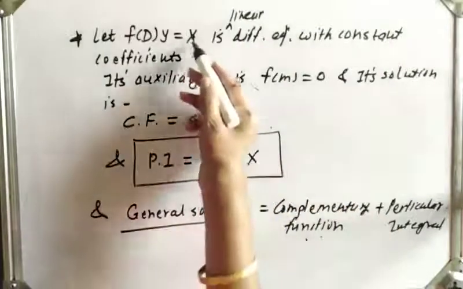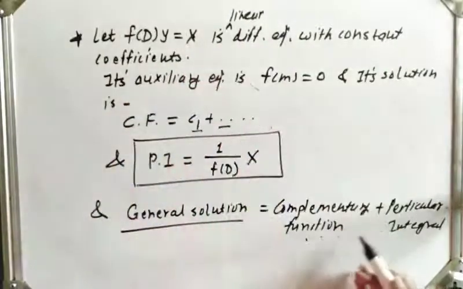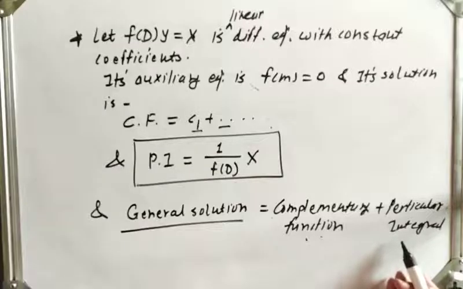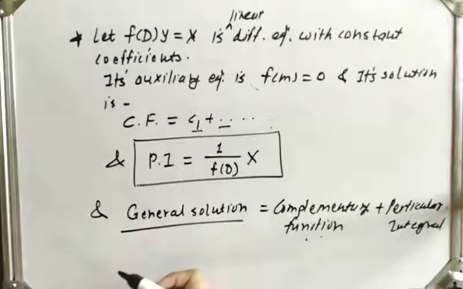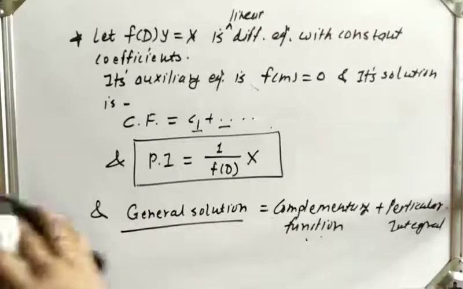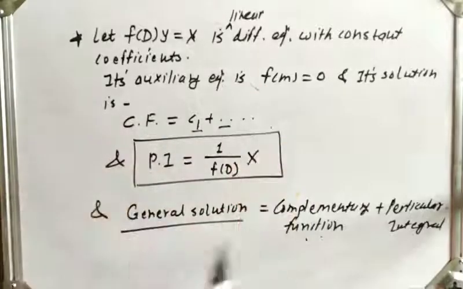But for a non-homogeneous differential equation we need to calculate both of these values, and from both values we get the general solution. Okay, now write down up to this.